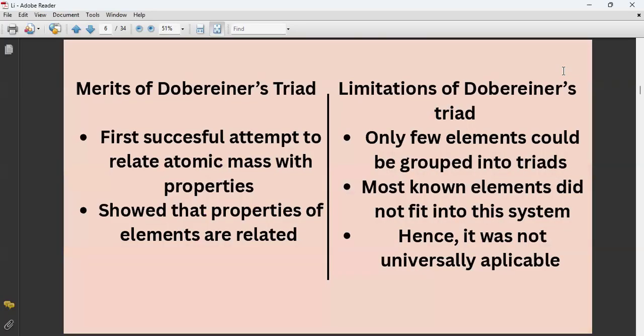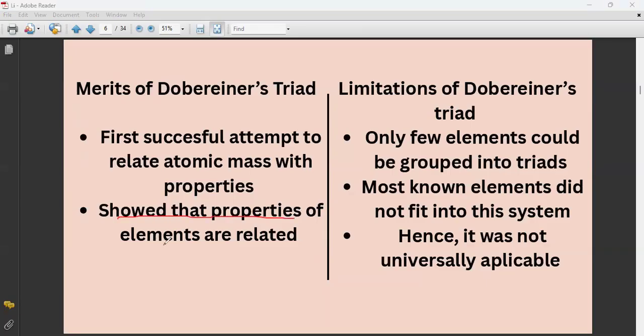Now, the merits and limitations of Dobereiner triads. He was the first one who successfully attempted to relate atomic mass with properties. It means he was the first who tried to relate atomic mass to the elements, and showed that the properties of elements are related.